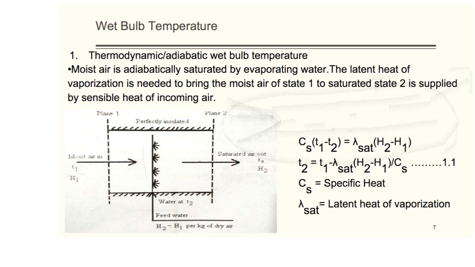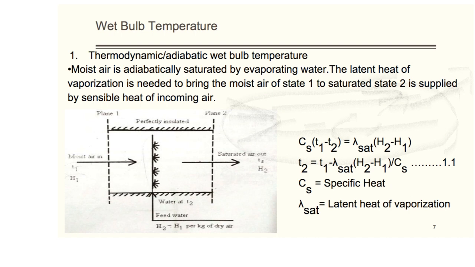This sensible heat is transferred to the water surface, so the water surface gets some energy, and this water converts into water vapor, which diffuses into the air and makes the air saturated.